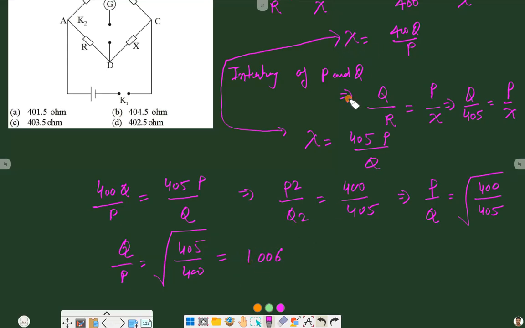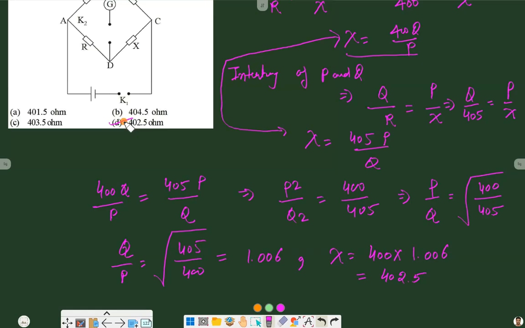So X will be 400 times Q by P, and Q by P is 1.006. Multiplying, we get 402.5, and option D is the right answer.